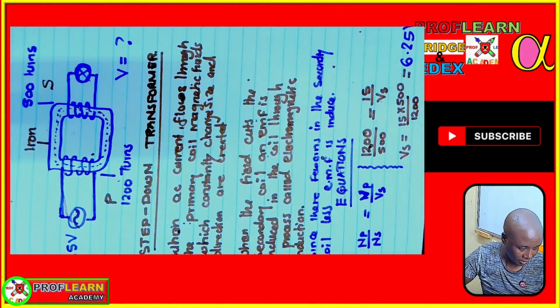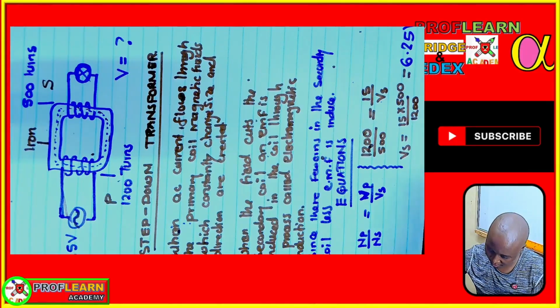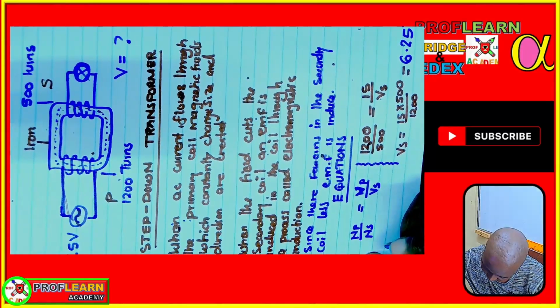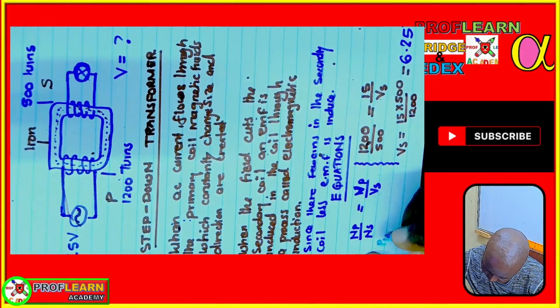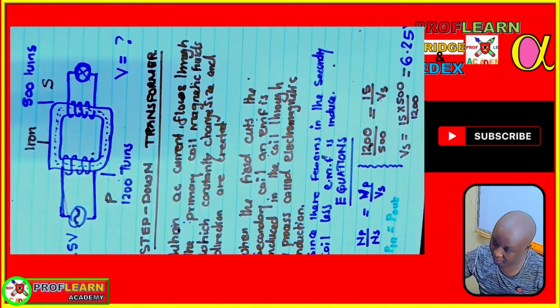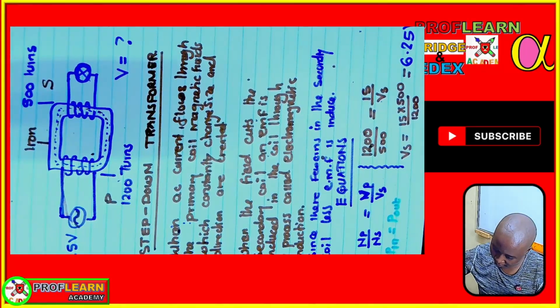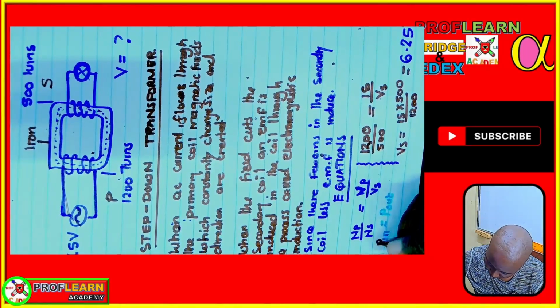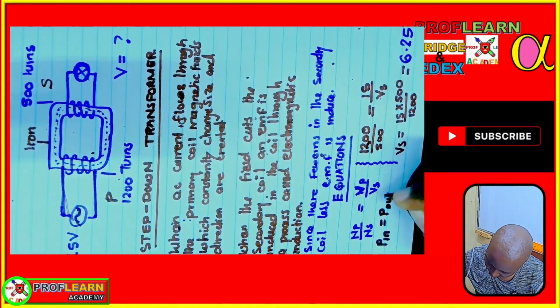The second important formula that you must know in this concept is power in equals power out. So the power in the primary coil should be equal to the power output.